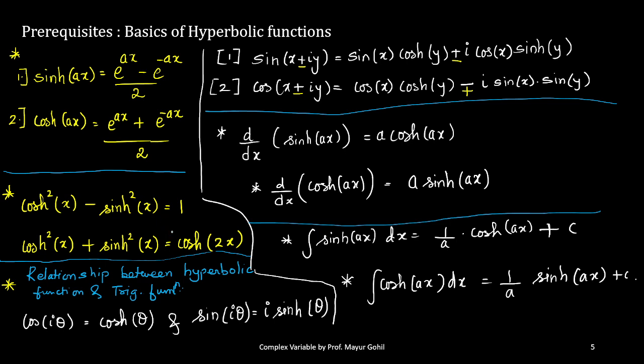I also say that you must know the others, but these would be very handy and helpful. The relationship is extremely important, it will be used very frequently, and these two, the expansion of sin(x plus iy) and cos(x plus iy) with plus minus sign, you can remember. Then what is important is the derivative and the integration formulas.